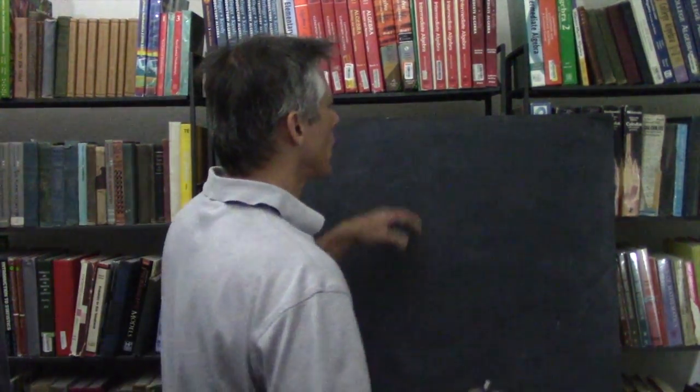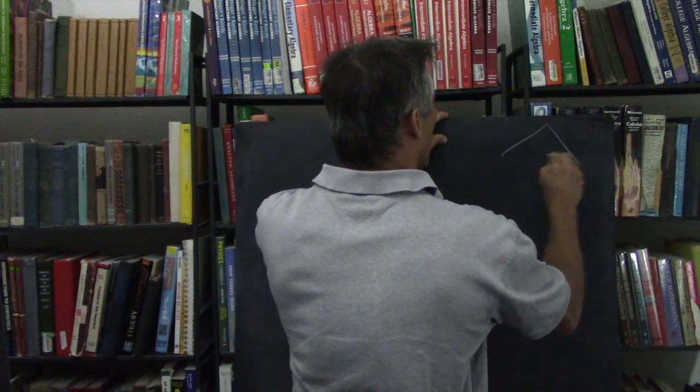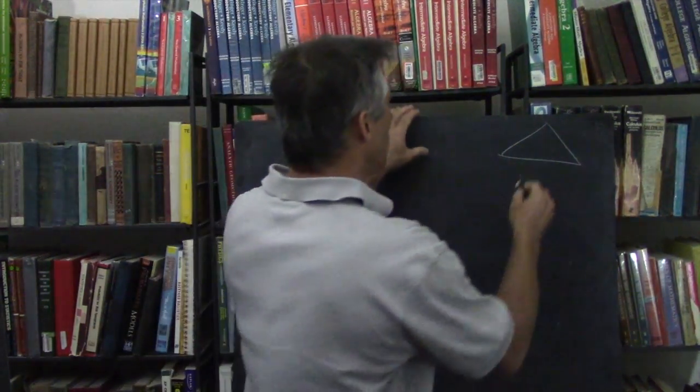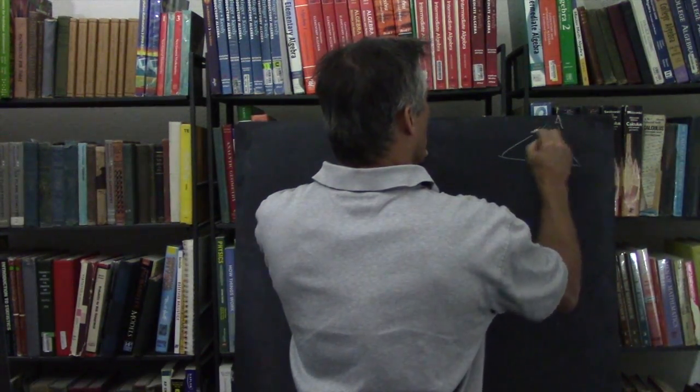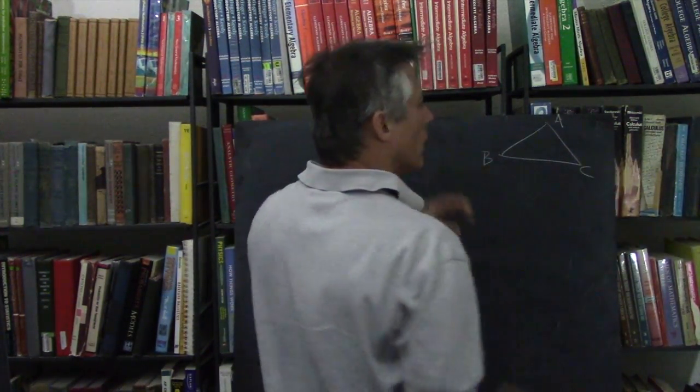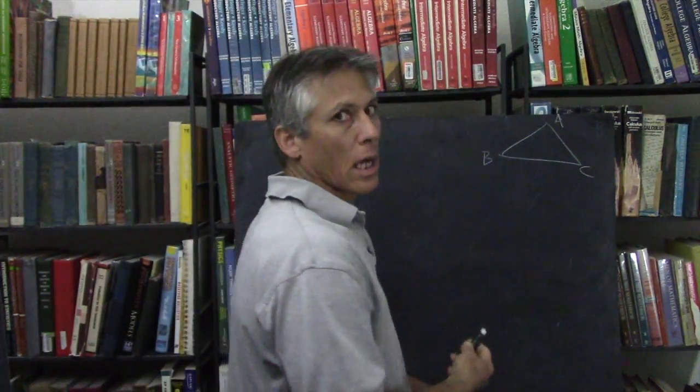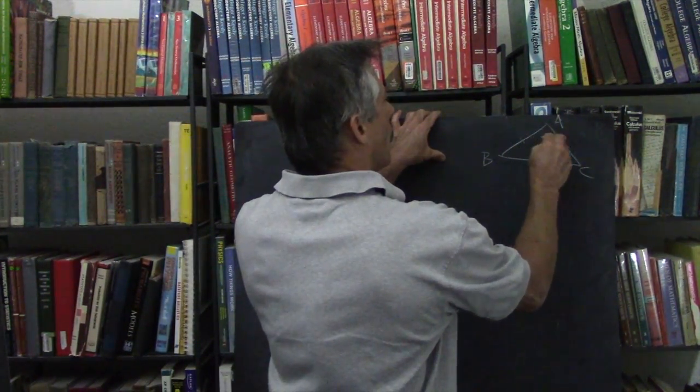First theorem, the Isosceles Triangle Theorem. So we have an isosceles triangle. We're calling it ABC. And since it's isosceles, we know that that is congruent to that.